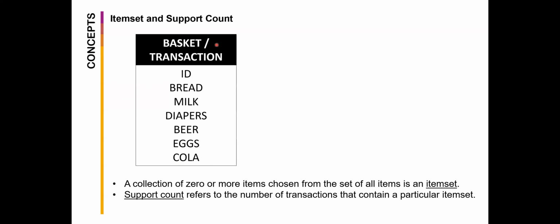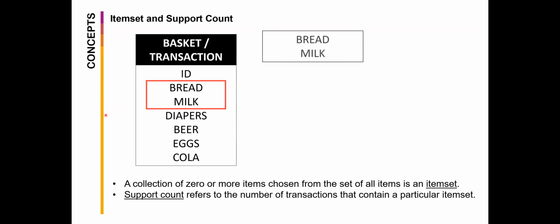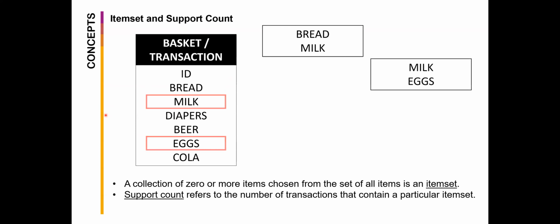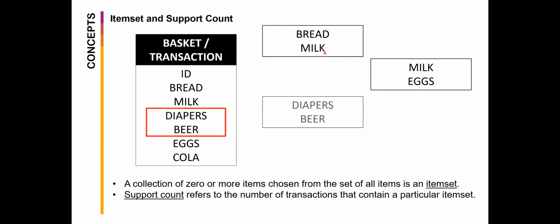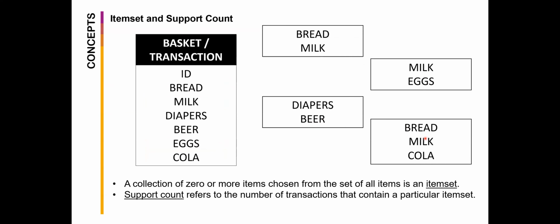This is what we call a transaction, and specific items under it are what we call the item sets. So we have the item set for bread, milk, eggs, diapers and beer, and an item set for bread, milk, and cola. These subsequences, or baskets, sub-transactions, if you want to call them that, are what we call the item sets.